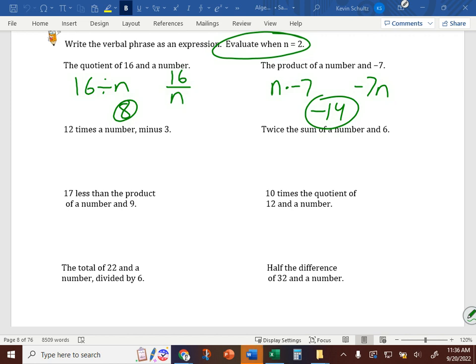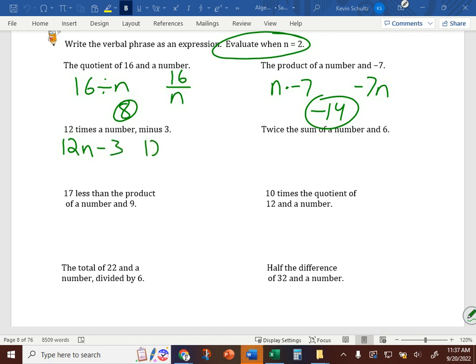Now we introduce commas a little bit. 12 times a number, minus 3. What do commas do? Think back to last year. When would you use one? Johnny? Yeah, they tell you what's done first. Something like 12 times a number, minus 3, is that saying 12 times a number and then we subtract 3 from that?